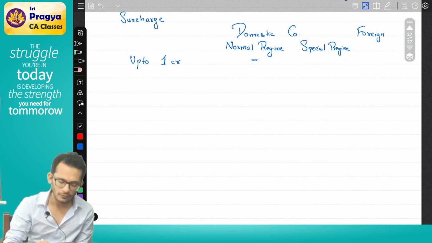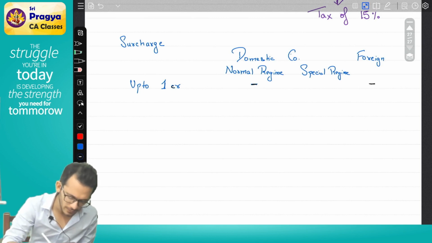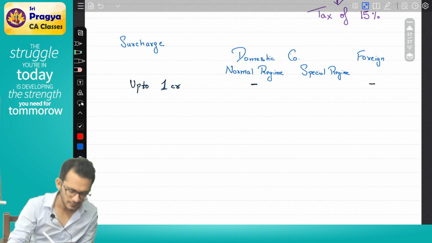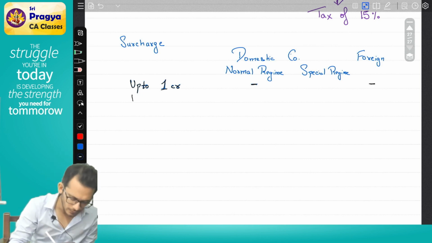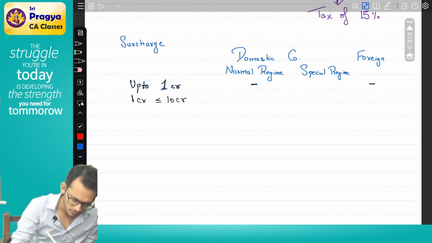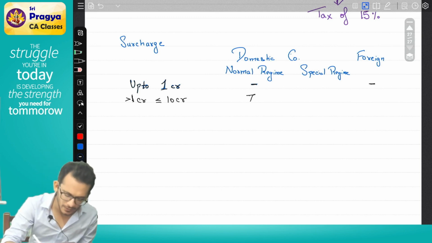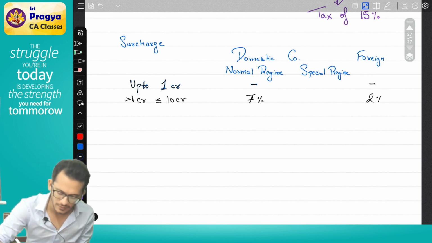Foreign company surcharge will be 0 as well. Up to 1 crore, you are middle class. After 1 crore, up to 10 crores, for domestic company we levy 7% surcharge, and for foreign company we levy 2% surcharge.